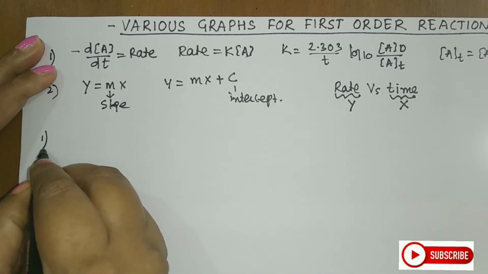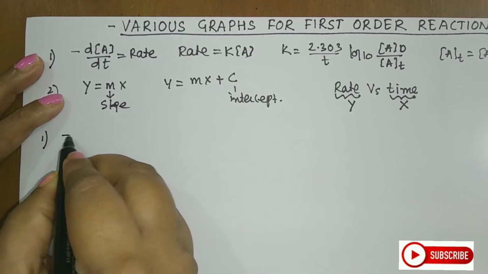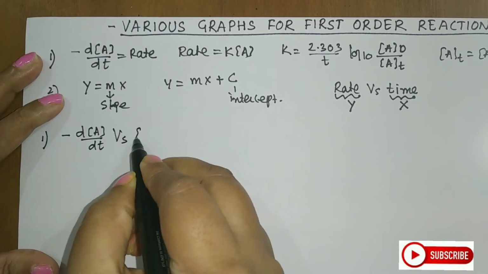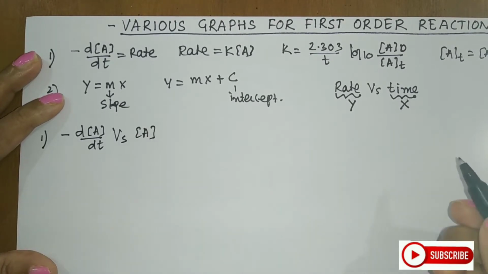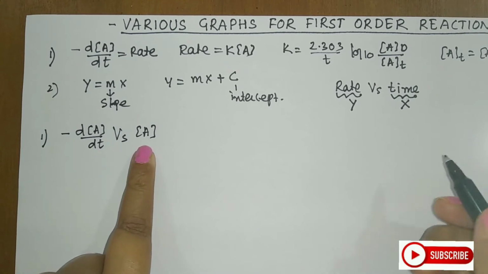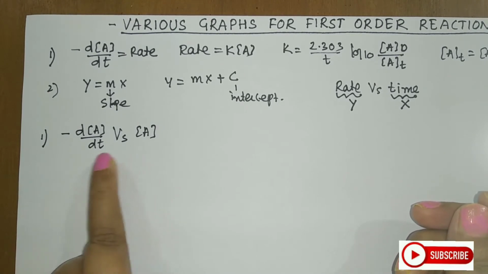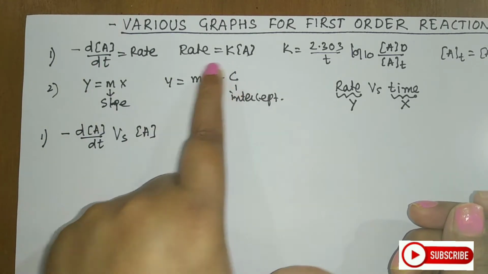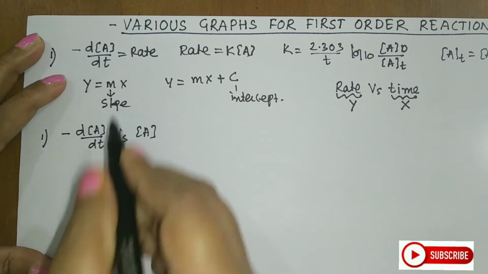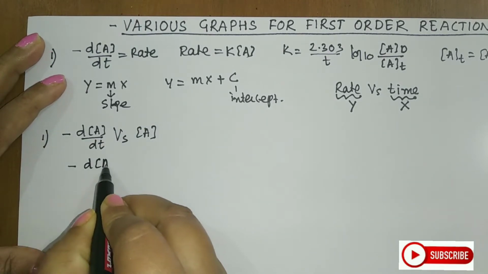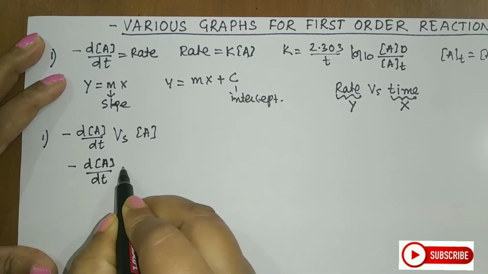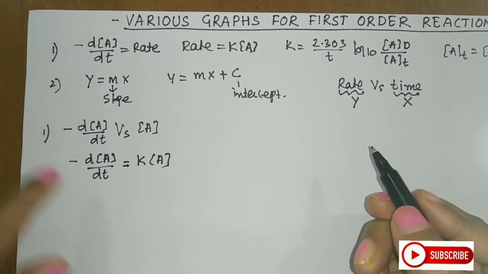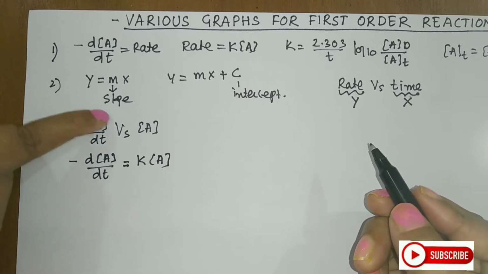So the first graph I will be discussing is minus dA by dt versus concentration of A. Now students, which equation will you use here? This graph is a combined graph for the two equations, that is this and this. So the equation I will be using here is minus dA by dt is equal to K, concentration of A. They are asking me to plot the graph for this particular term.